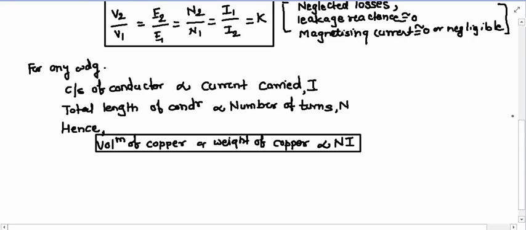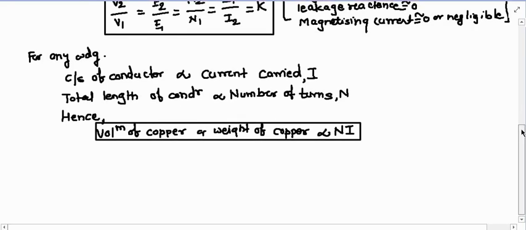Hence the weight or volume of the transformer winding copper is proportional to n into I. So let us use this relationship to compare the requirement of copper in case of an ordinary two winding transformer and the auto transformer performing the same duty of stepping up or stepping down the voltage and having the same capacity and same voltage ratio.